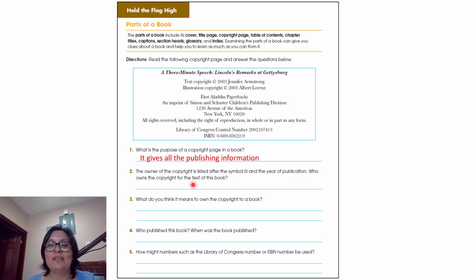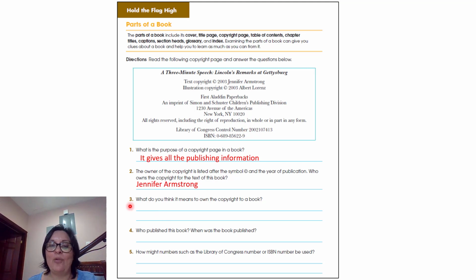Who owns the copyright for the text of this book? Who is the owner according to this? Look what name is after the symbol. Jennifer Armstrong. So let's answer Jennifer Armstrong.